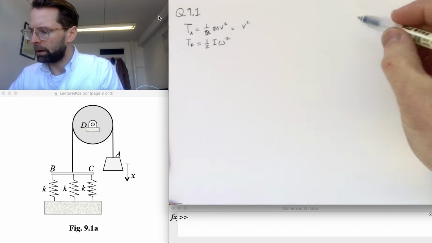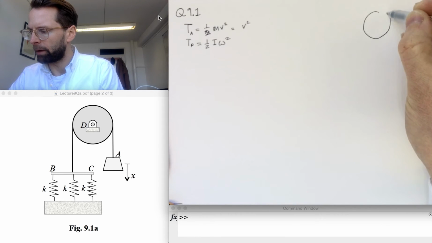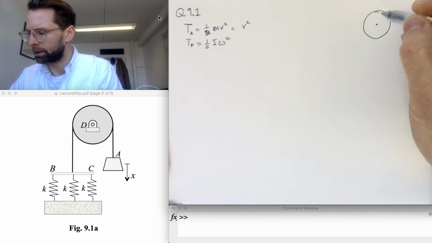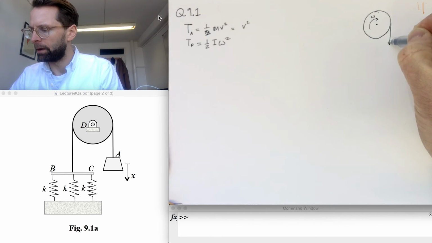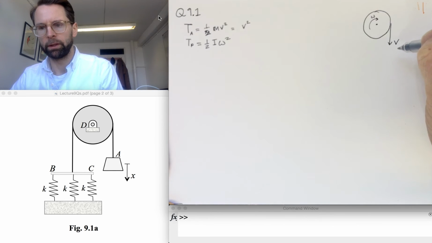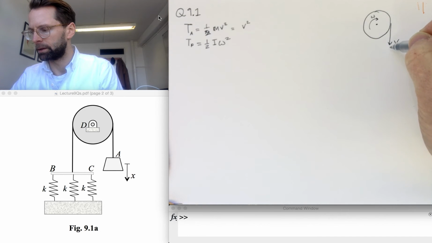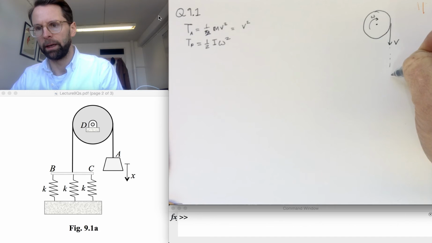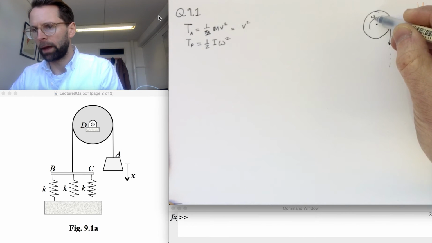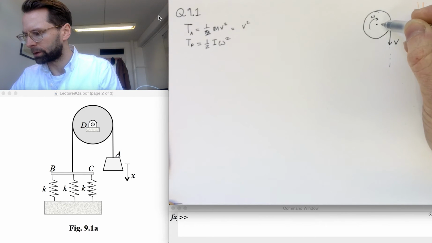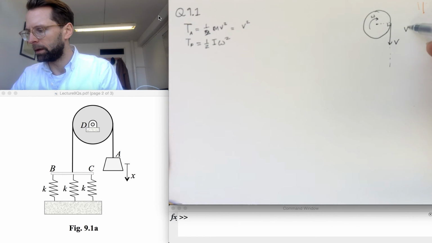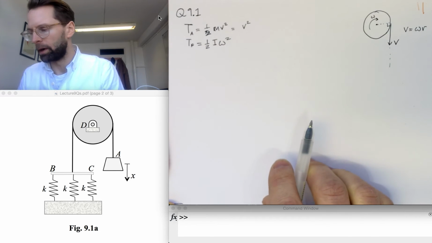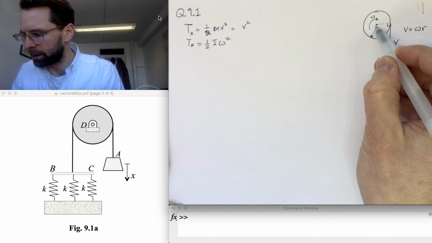And if I just remind you of how angular velocity relates to tangential velocity, the velocity downwards, which is the velocity of our mass in this case, because this is all connected to the mass A here, is connected to the angular velocity by v equals omega r, where r is the radius, so that distance there.